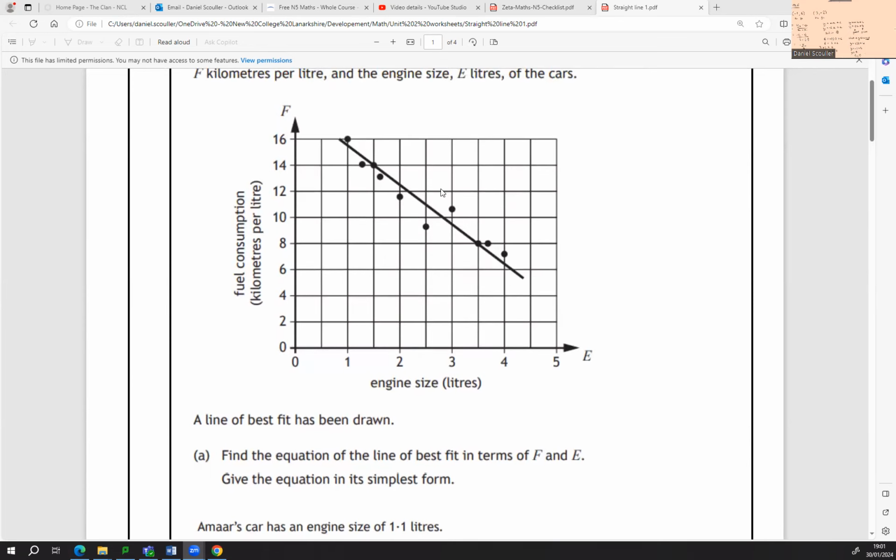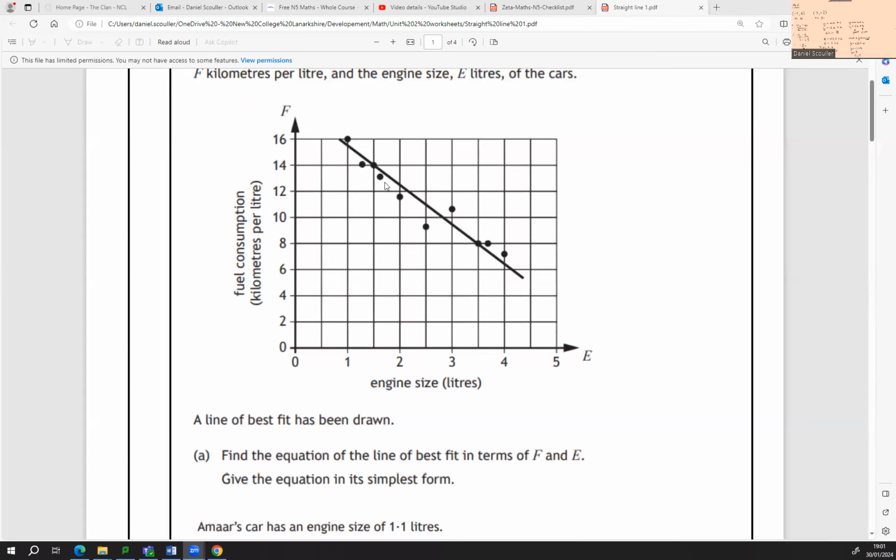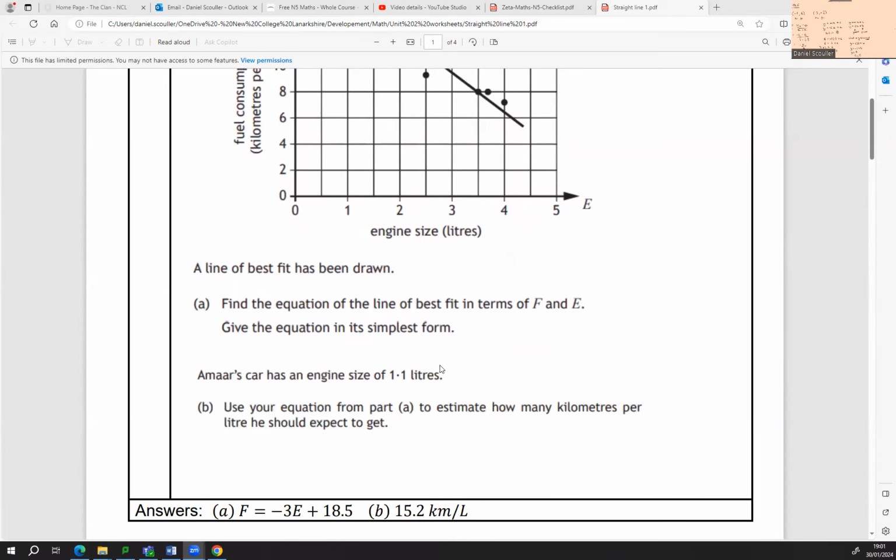In this case, we have to create our own coordinates. So this is being able to read the graph. But nothing is different here on what it's expecting from us. You're looking for two coordinates, which allows you to find the gradient. And then they're asking you to substitute something in. So that's the last part I did there.